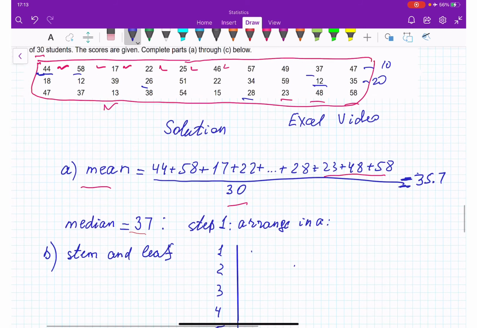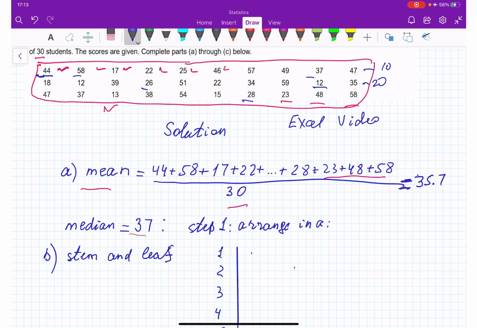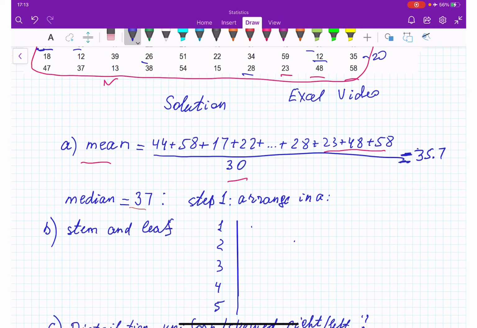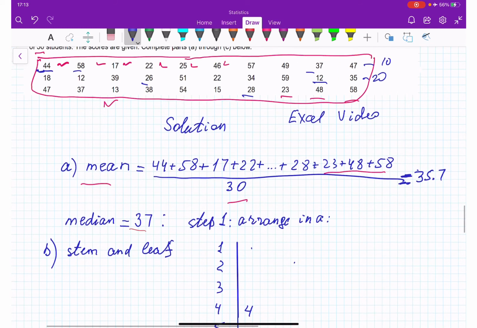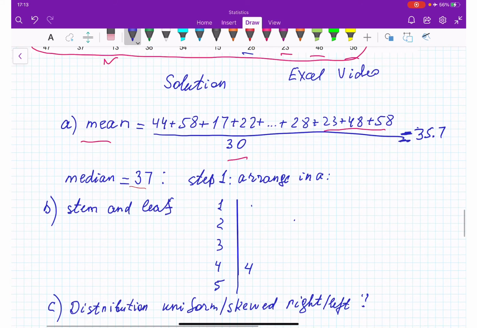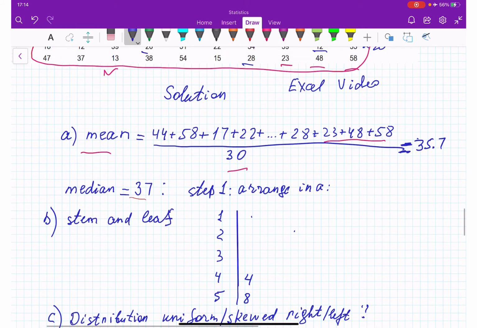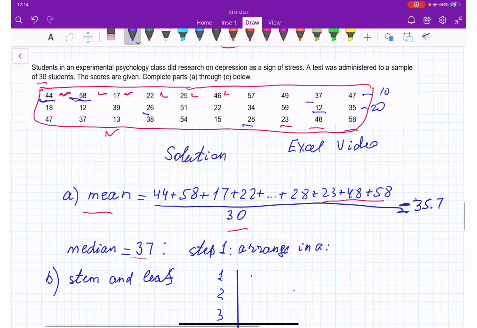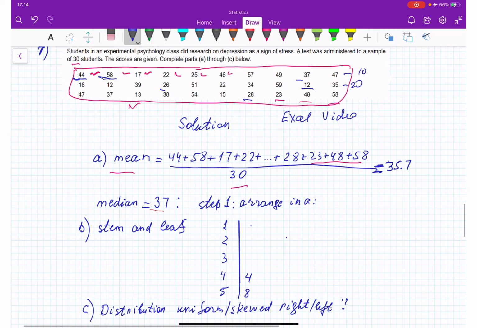So let's go. First number, 44. Second number, 58. Third number, 17, so 1 and 7. Fourth number, 22. Then comes 25, the 2 here and 5 here.